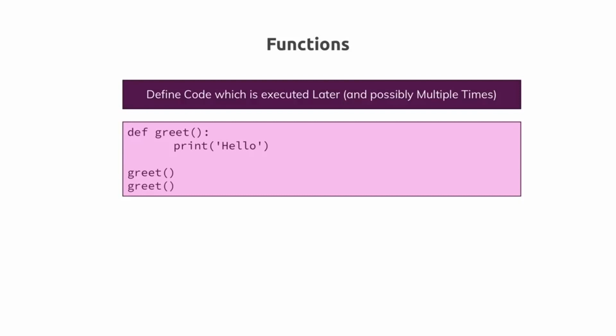This is the multiple times execution I'm referring to. When you define the function, so the first part in this box, nothing will happen. Python will recognize that, but not run the code in there. As soon as you call it, though, by using that function name with parentheses, it will execute the function and run the code that's in there.